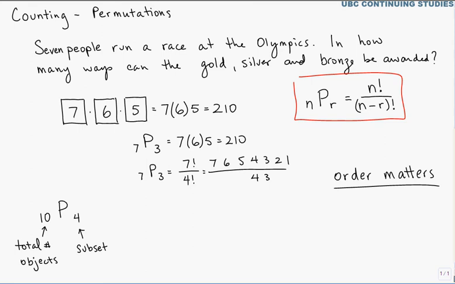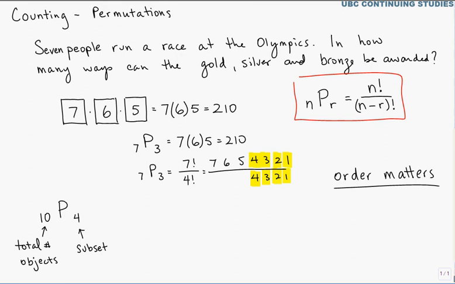And 4 factorial is 4, 3, 2, 1. And so we're always going to have this match. The 4s, the 3s, the 2s, and the 1s disappear. And we're just left with 7 times 6 times 5. In other words, the first 3 numbers of 7 factorial. So it's always pretty easy to calculate permutations. The numbers might get a little big, but it's a pretty easy calculation.